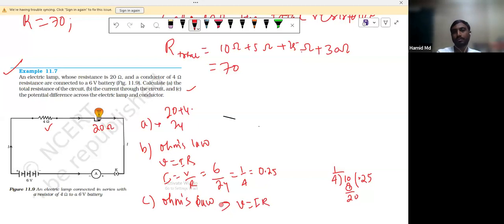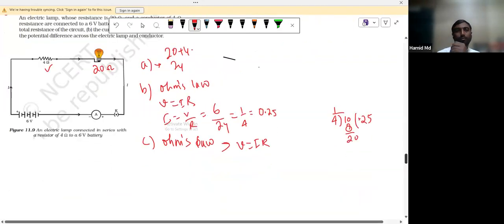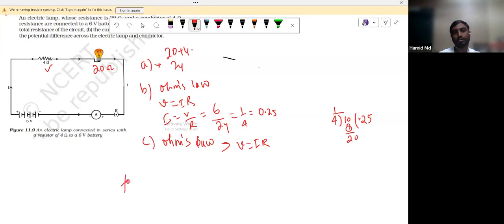So for the bulb, V is equal to I times R. So I is 0.25 into R is 20, right?